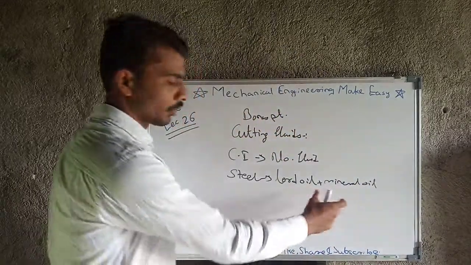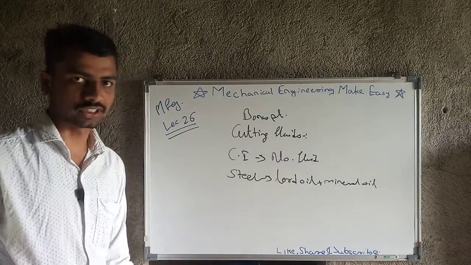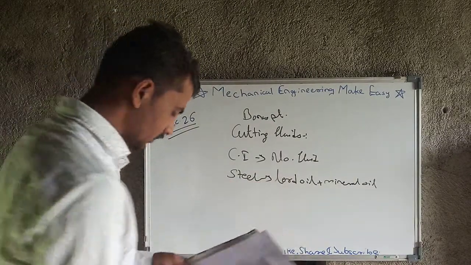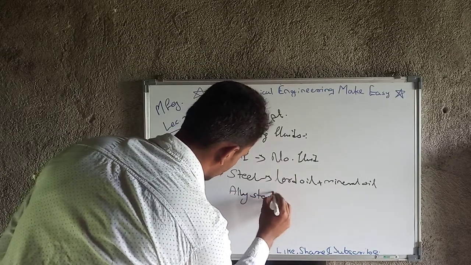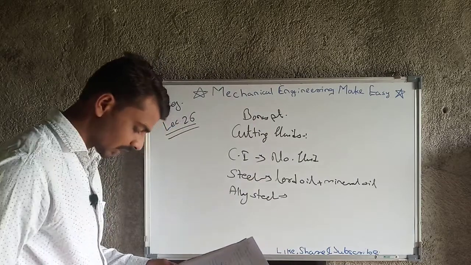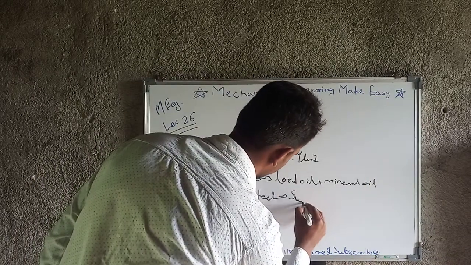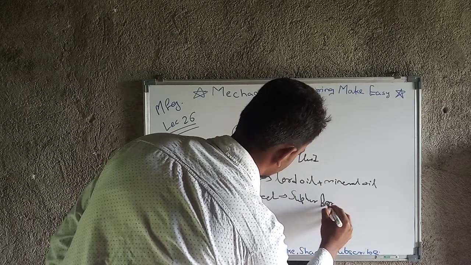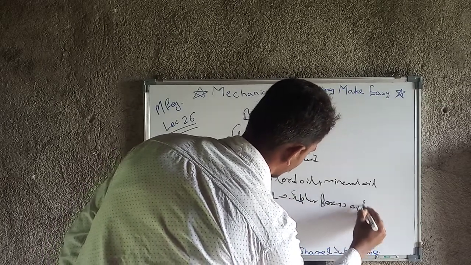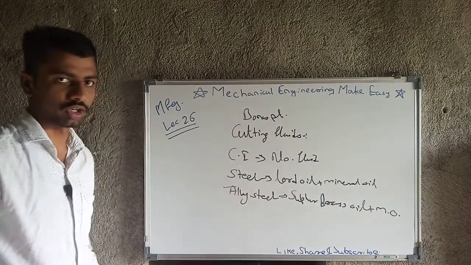The mixture of lard oil plus mineral oil we are going to use as a cutting fluid for steel. Then next is alloy steel. If there is alloy steel, then sulfur brass oil plus mineral oil. Sulfur brass oil plus mineral oil we have to use for alloy steel.